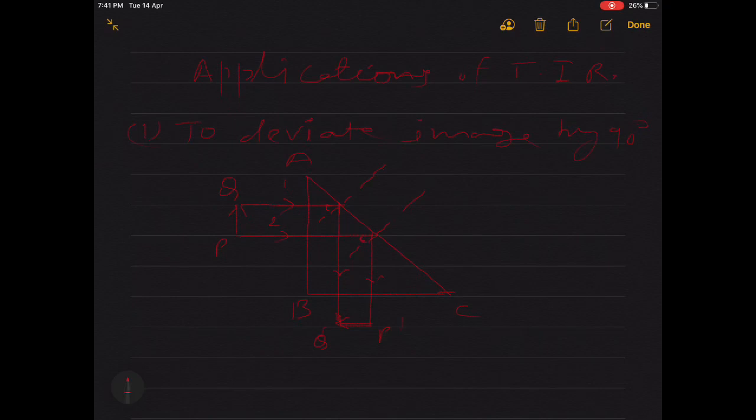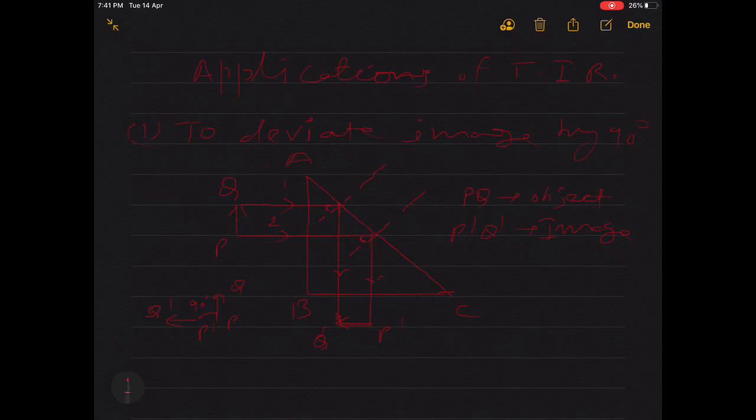The angle between PQ and P dash Q dash is 90 degree. So in that way we can deviate image by 90 degree. So PQ is object and P dash Q dash is image.